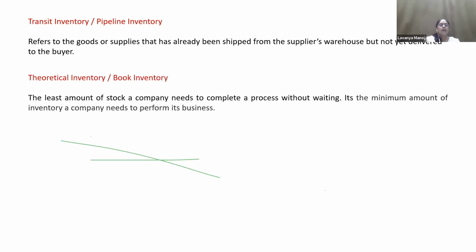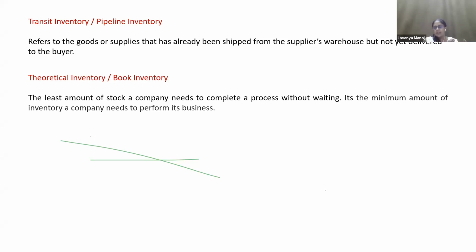And finally, we have theoretical inventory or book inventory. This is to go with the minimum amount of inventory always kept on hold. Maybe after some time, if the inventory is not used, it may go to scrap, be wasted or decay, whatever it is, but the company doesn't worry about it.